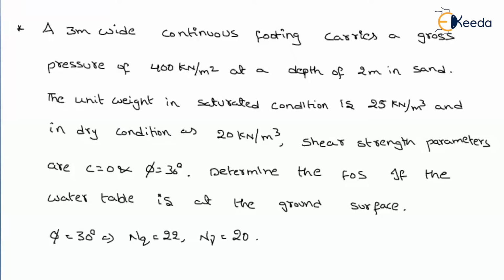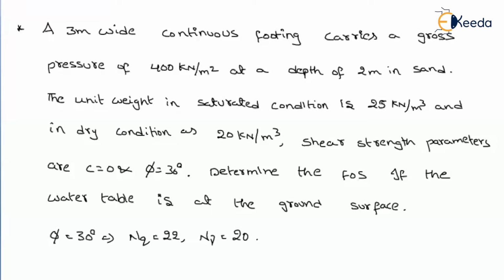The unit weight in saturated condition, that means gamma saturation, is given as 25 kilonewton per meter cube, and in dry condition, gamma dry is given as 20 kilonewton per meter cube. The shear strength parameters are C equal to 0 and phi equal to 30 degrees. They are asking to determine the factor of safety if the water table is at the ground surface.